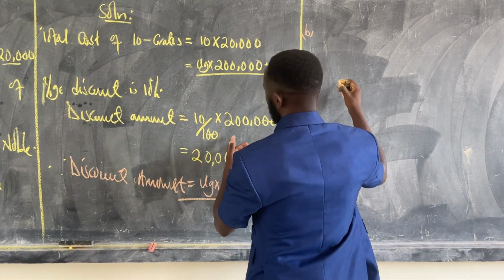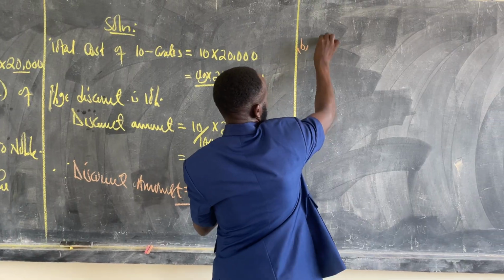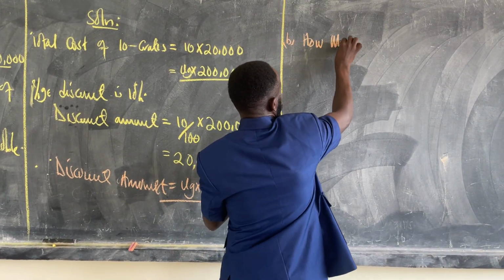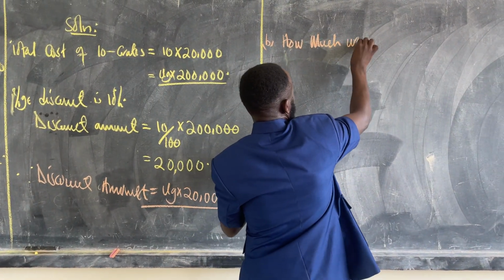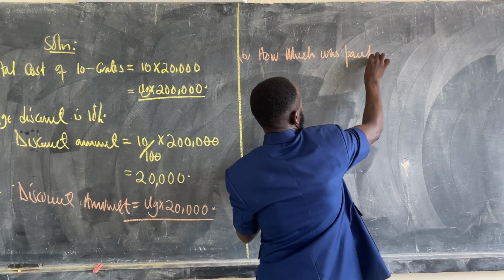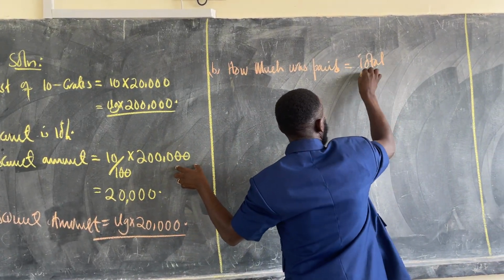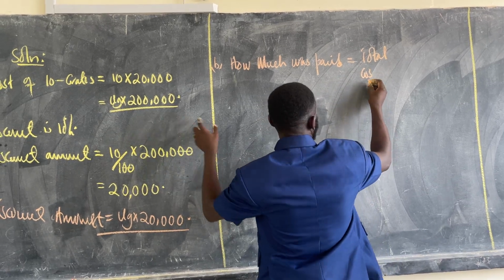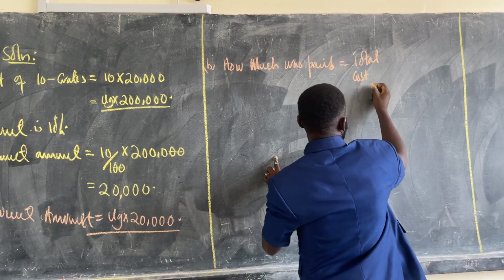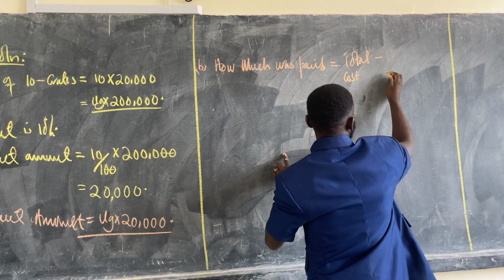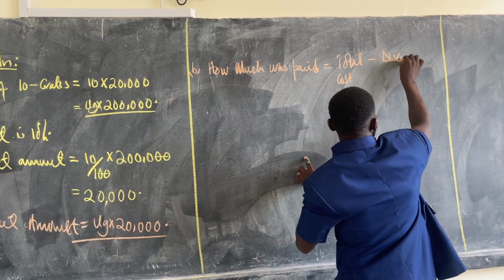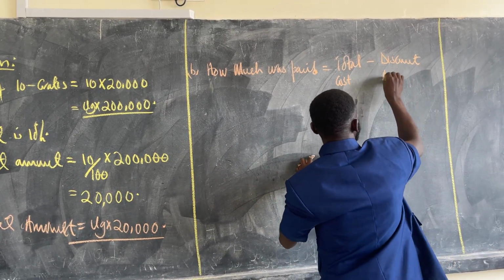How much did Noble pay? We get the total cost of the items minus the discount amount.